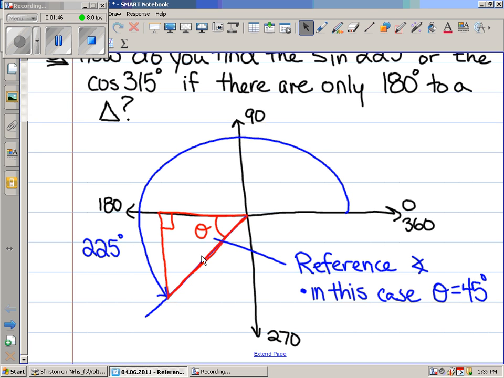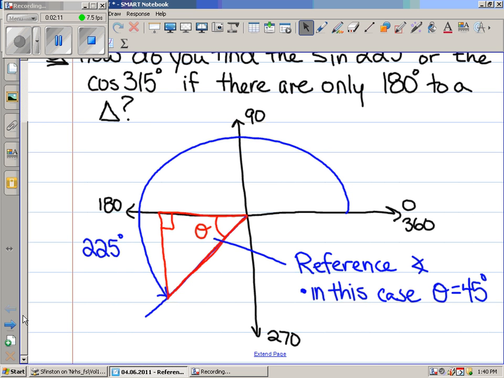Now, what do you think? Is every single scenario going to have a reference angle of 45? Give me some other small angles, acute angles from that chart yesterday. Like 30 and also 60. Okay.